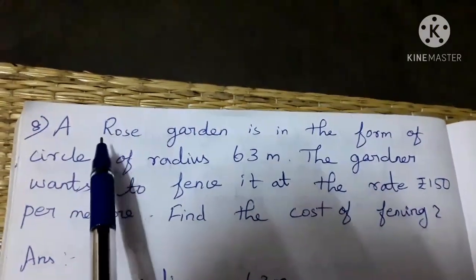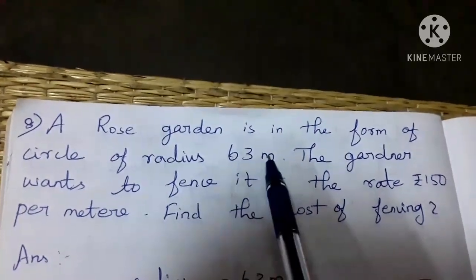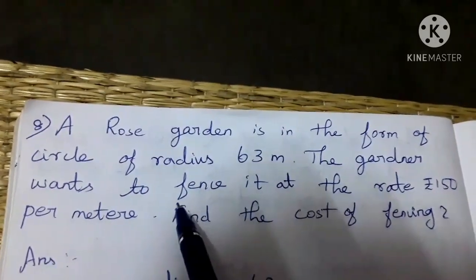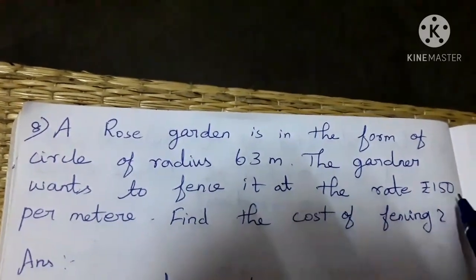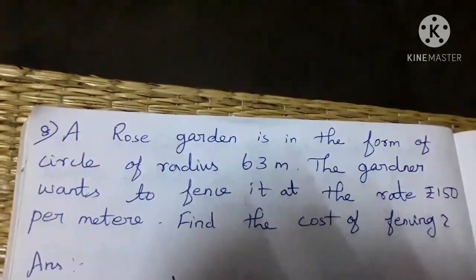Next, question number 8. A rose garden is in the form of a circle of radius 63 meter. The gardener wants to fence it at the rate of rupees 150 per meter. Find the cost of fencing.